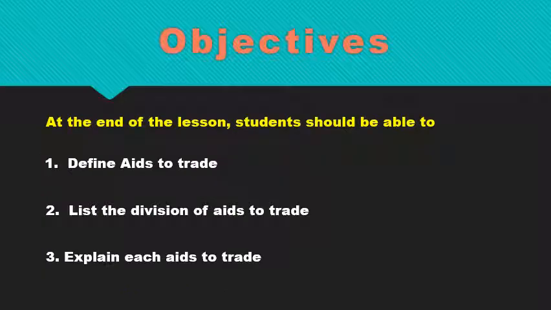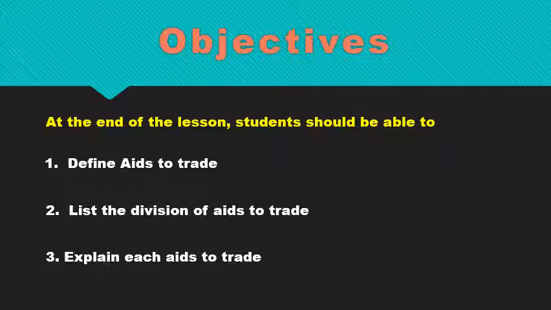Let us now move on to today's lesson, which is the concluding part or the continuation of our last lesson on commerce. At the end of this lesson, students should be able to define aids to trade, telling us what we mean by aids to trade.